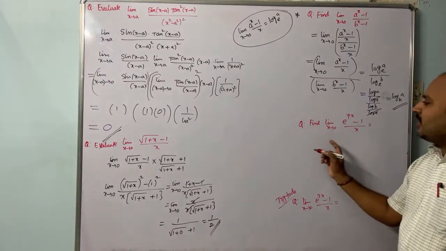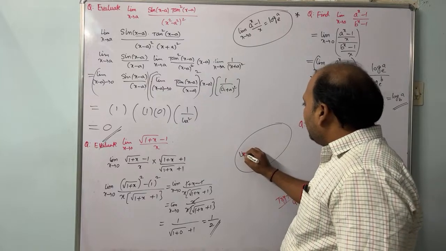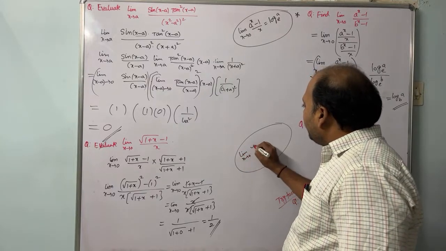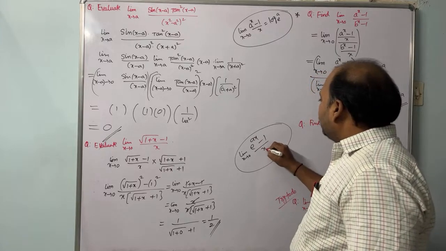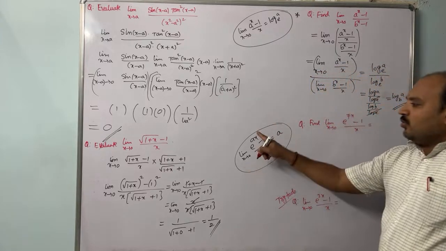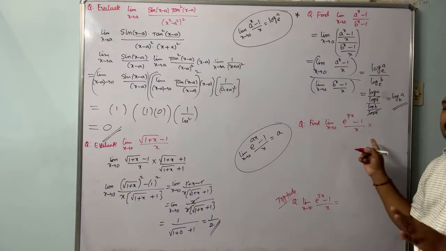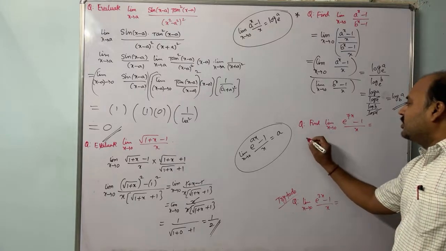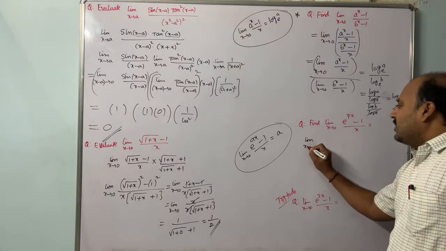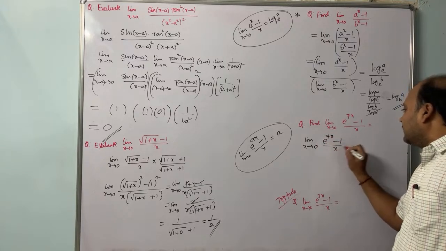Now, here also is one standard or shortcut formula. Limit x tends to 0, (e power ax minus 1) by x is equal to a. Whatever the x coefficient is, that only comes as the answer. By using this formula, it comes directly as 7. But if you want the steps, in a 2 marks question in intermediate, we need to do some steps. So for that, limit x tends to 0, (e power 7x minus 1) by x.